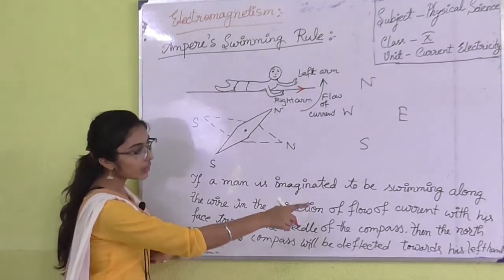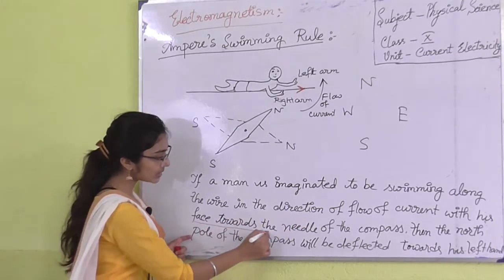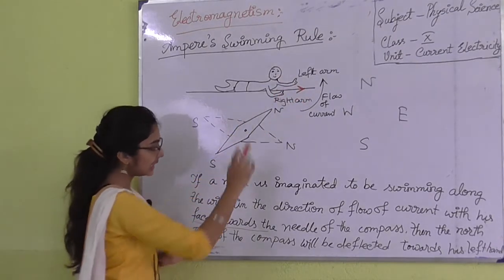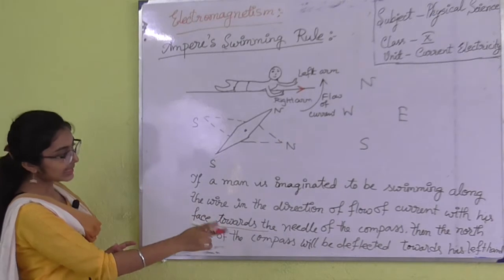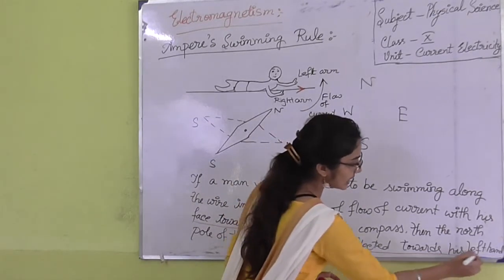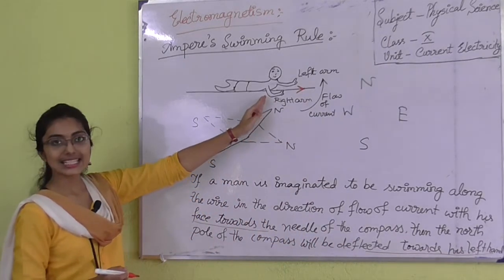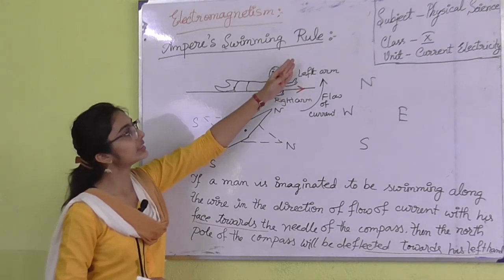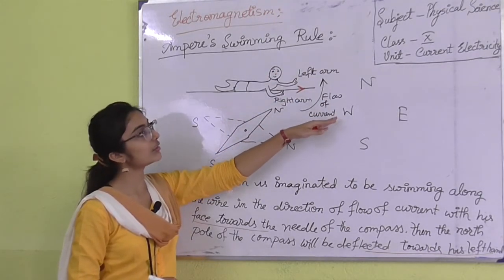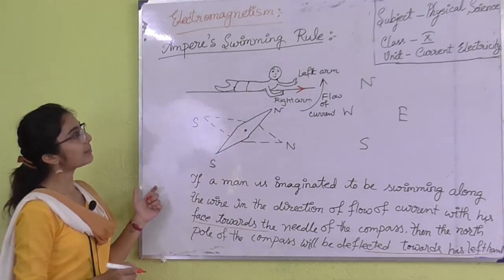The direction of flow of current with his face towards the needle of the compass, then the north pole of the compass will be deflected towards the left hand. That means the north pole is deflected toward this side, and this side means the left arm of this swimmer. This is basically the flow of current, and this is all about Ampere's swimming rule.